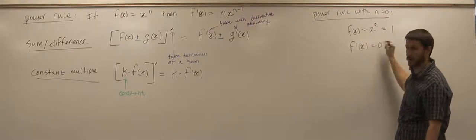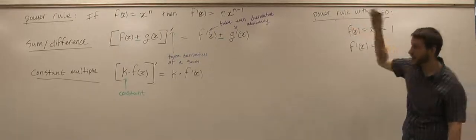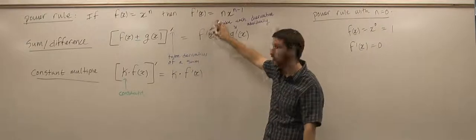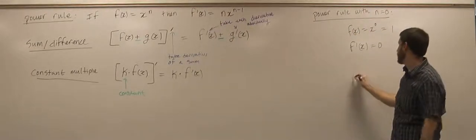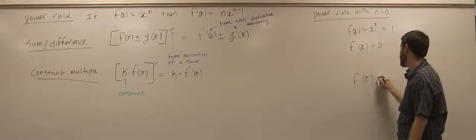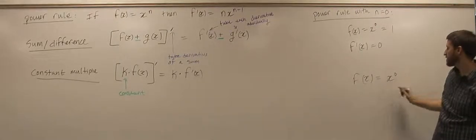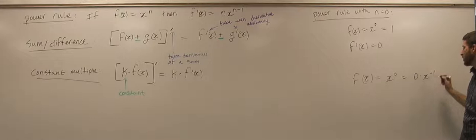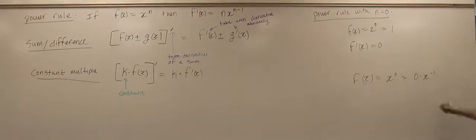Just 0. But if you try to naively apply this rule, because you believe everything I say, and you do, oh, well, Josh told me the power rule says I can bring this 0 down, and then multiply it by x to the negative 1. 0 over x, I guess this is okay, all right?